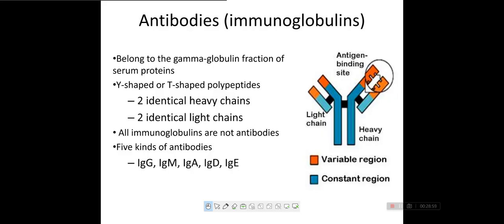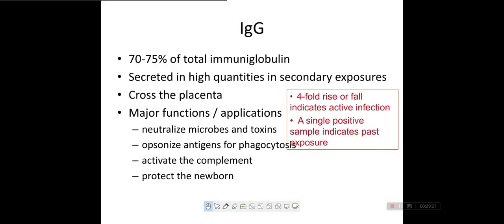It is a Y-shaped or T-shaped polypeptide having two identical heavy chains and two identical light chains, attached by disulfide bonds. All immunoglobulins are not antibodies. Remember this. Five kinds of antibody are present: IgA, IgM, IgE, IgD and IgG.